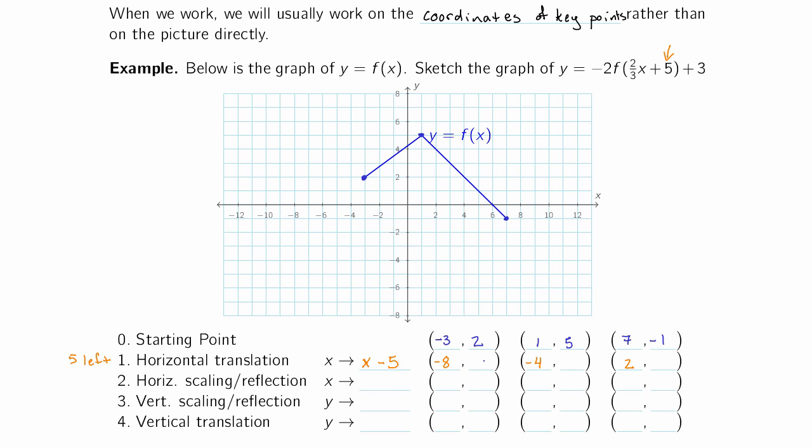And then we don't do anything at all to the y-coordinates. To see the result of that transformation then, we have a point at (-8, 2), a point at (-4, 5), and a point at (2, -1). If we connect those dots with straight lines, just like we did in f, we see the same shape, just 5 units further to the left.